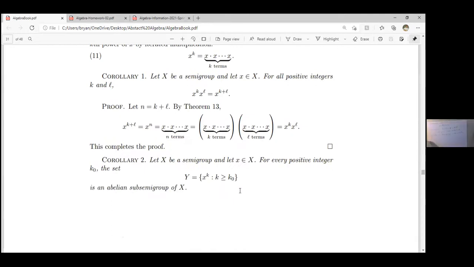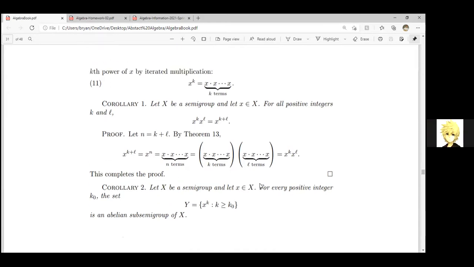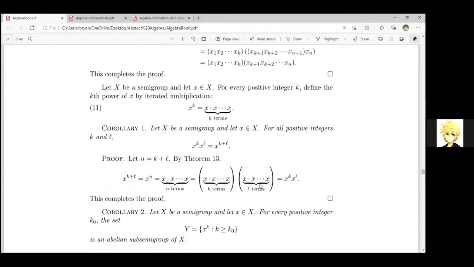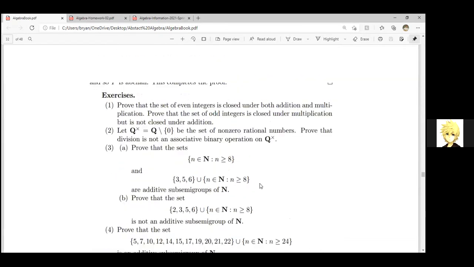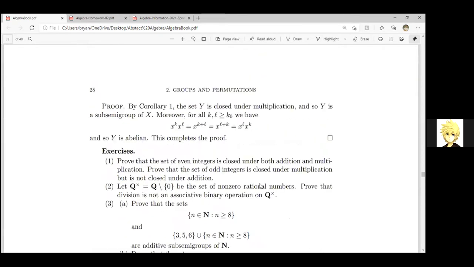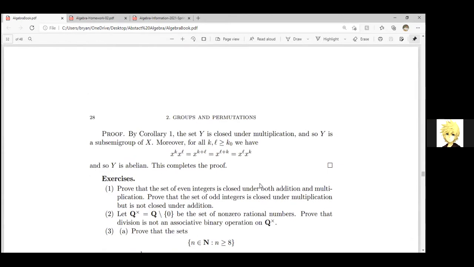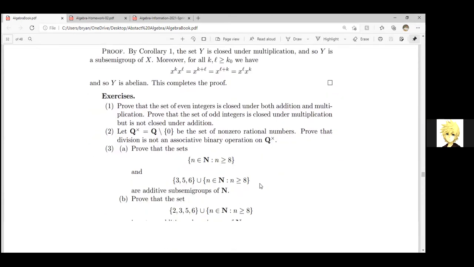Well, there are no numbers. So move up to the theorem if you can. Okay. All right, Theorem 13. Let's see where you're at. Well, this will be easier.